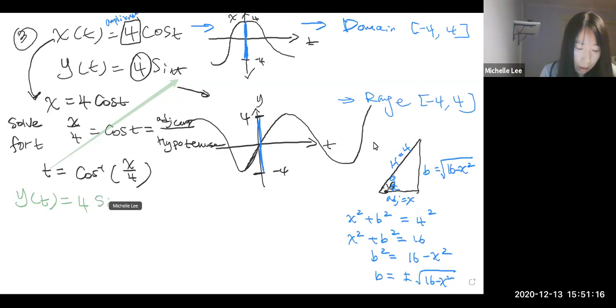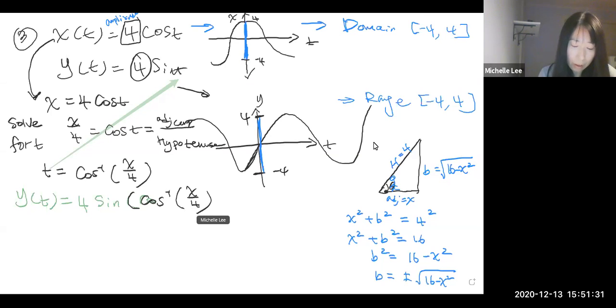So sine t, where t was the inverse cosine. Let me use a different color. Sine of inverse cosine of x over 4. Okay. But then look, let theta equal the inverse cosine of x over 4.